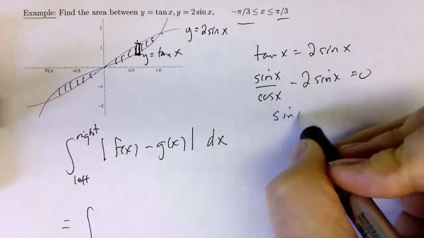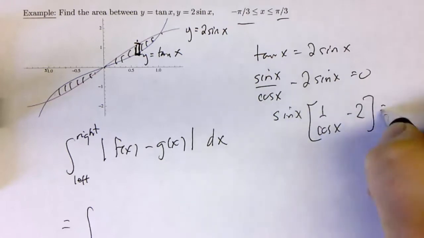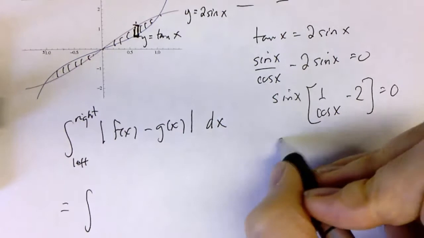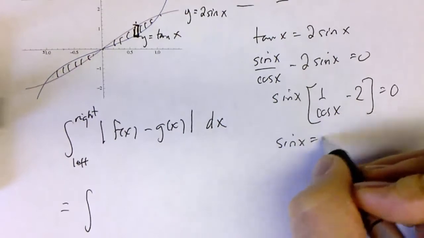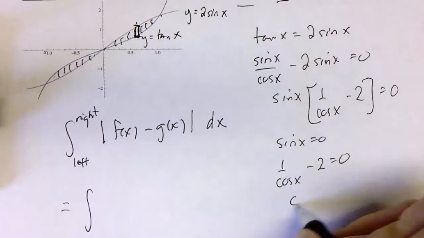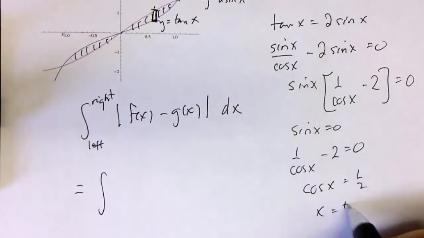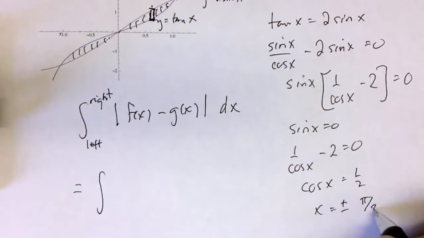Factor out a sine. So either sine of x is 0 or 1 over cosine x minus 2 is 0. That happens when cosine x is equal to 1/2, which occurs at x equals plus or minus pi over 3.